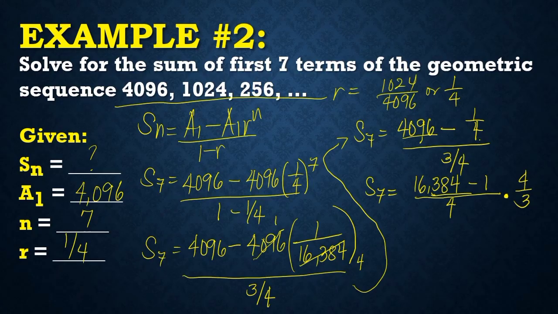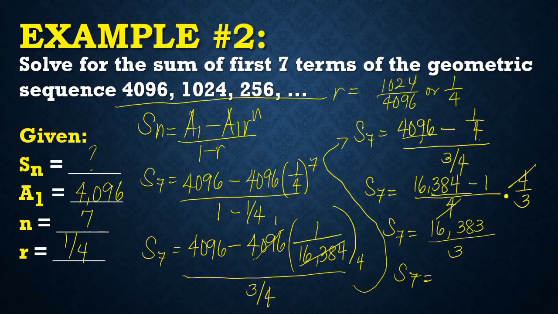And then S sub 7 is equal to 16,384 minus 1, that is 16,383. And then yung 4 tsaka yung 4 makakancel. So divide lang natin yung 16,383 sa 3. So S sub 7 is equal to 16,383 divided by 3.